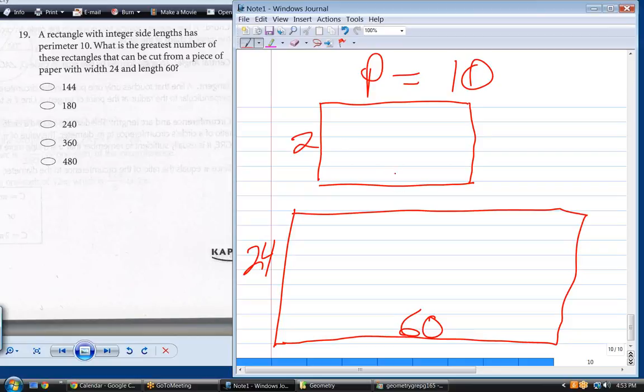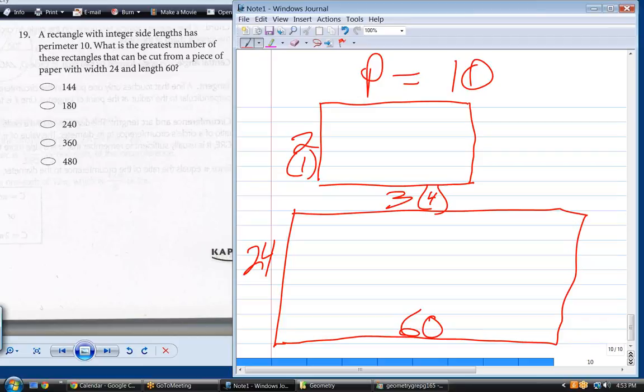Okay, that works. What else works? Well, technically 2.5 is squared. It's got to be an integer. Oh yeah. Okay, so 1 and 4 only work. 2 answers: 1 and 4 or 2 and 3.